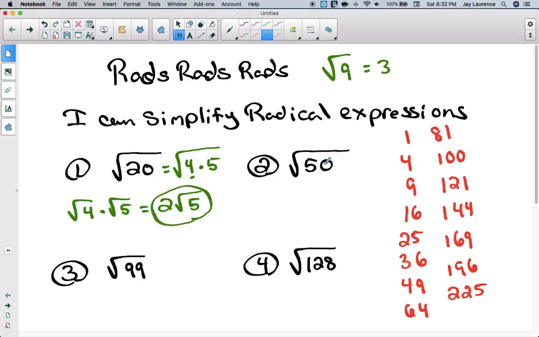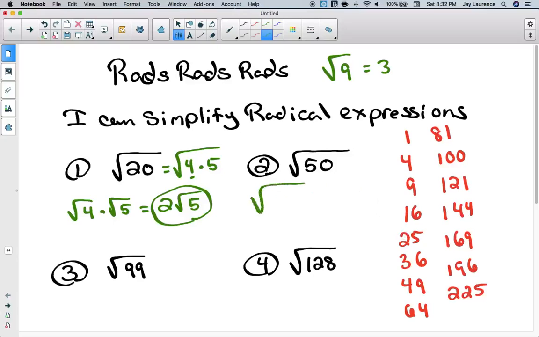Okay, so now I've got rad 50, right? So I'm going to come all the way up to 49. Not going to consider 64, it's too big. Does 49 go into 50 evenly? No, it does not. 36, no. 25 does. 25 times what is 50? Well, 2, right?